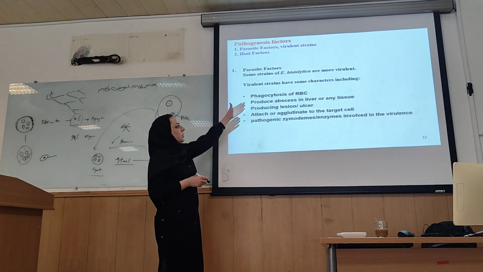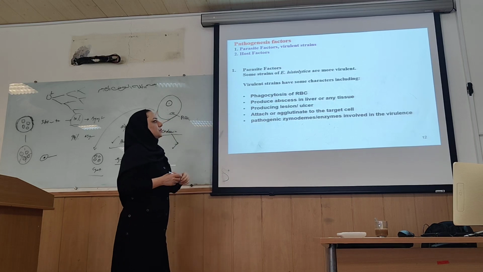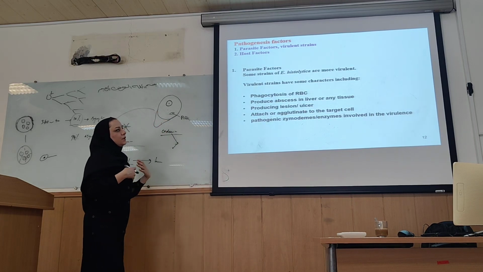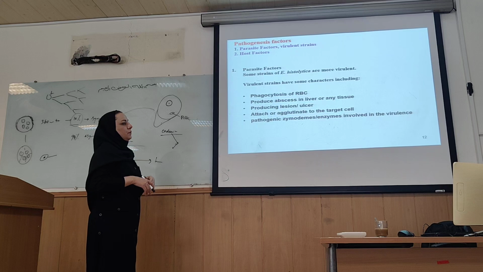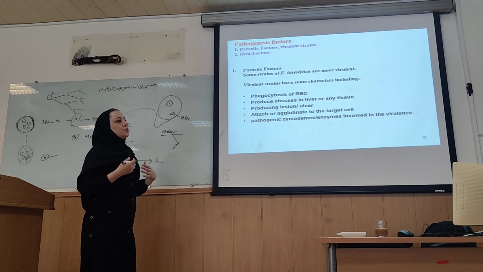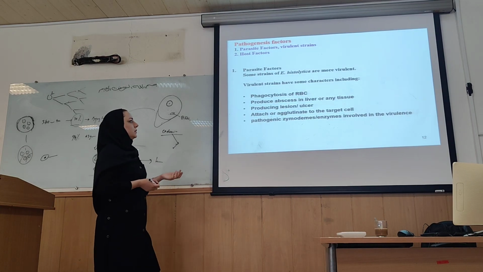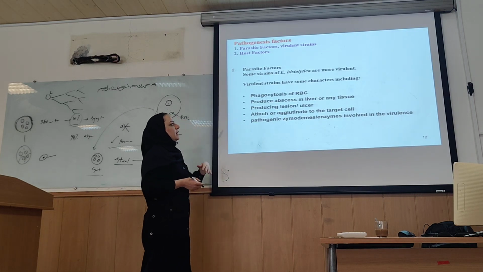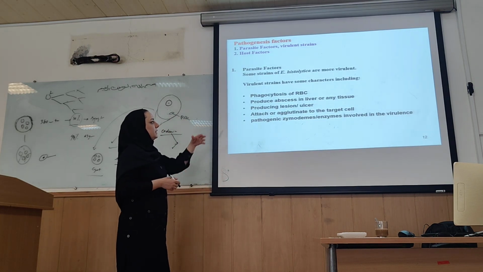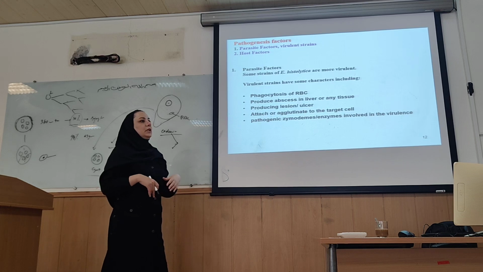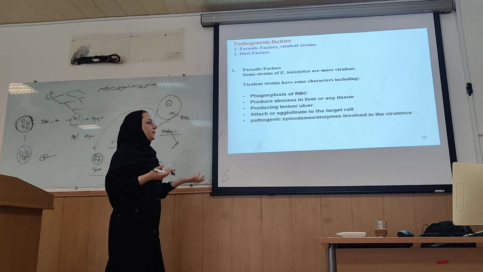Also, as with others, histolytica has some strains whose virulence and pathogenicity are much higher than other strains. The virulent strains have some characteristics. For example, they can phagocytose RBCs very simply and rapidly.